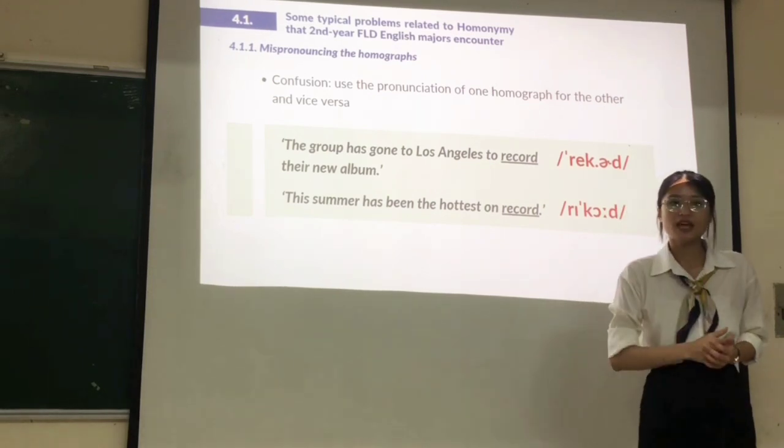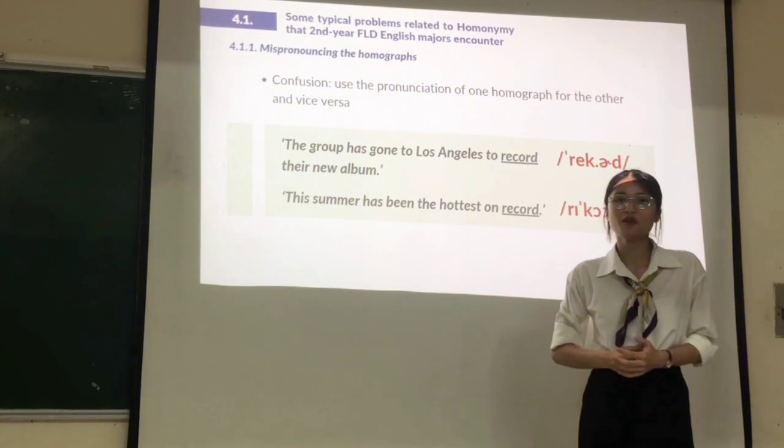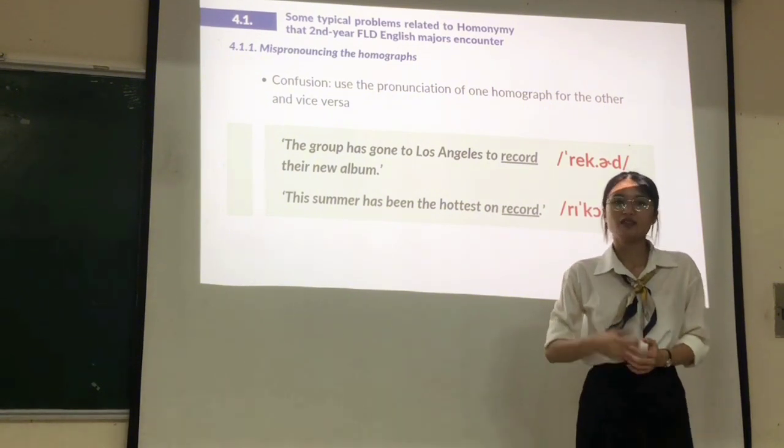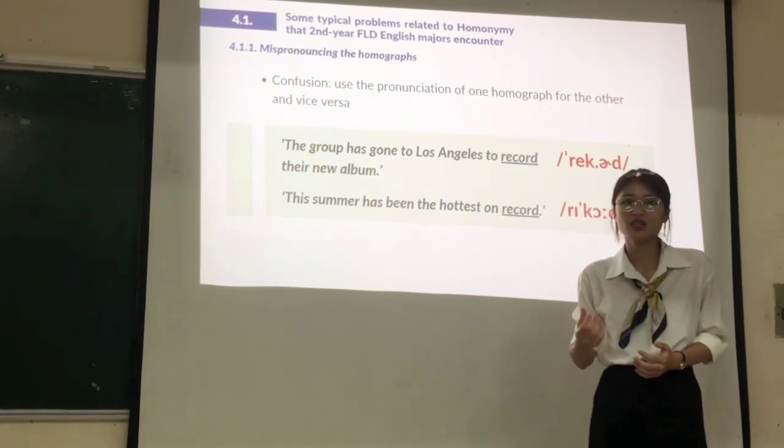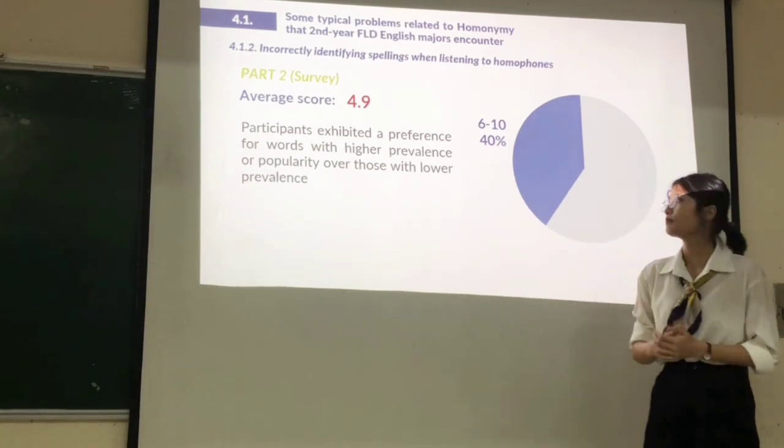In addition, the data collected also showed many participants were confused and slow to react in determining the correct pronunciation of the homographs. Now let's move on to the next problem.